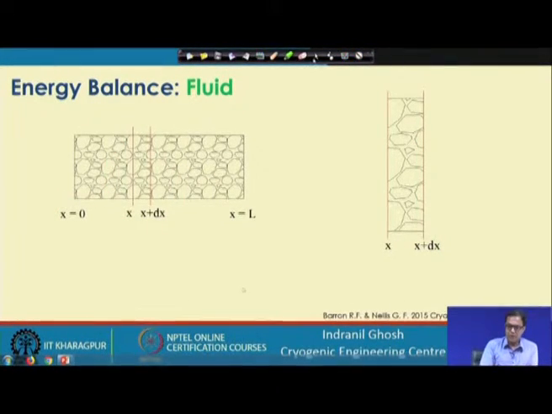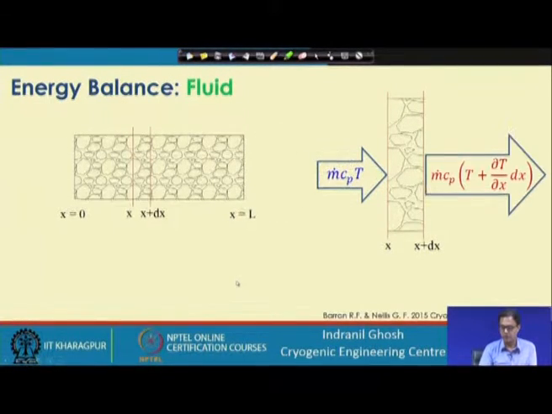Now, let us assume that the hot gas stream is flowing through this, and when it is flowing through this medium, it moves out with a temperature of T plus del T del x into dx, and the mass flow rate of the hot fluid stream is m dot.